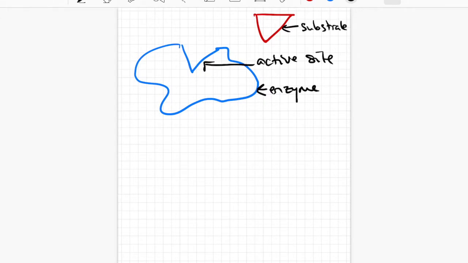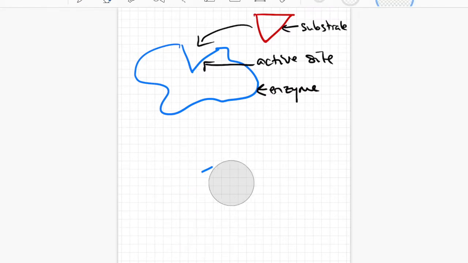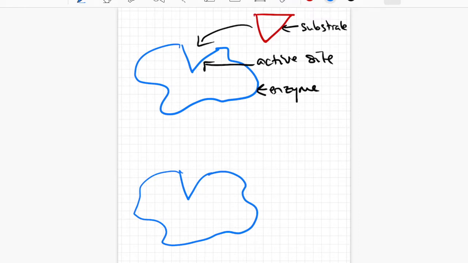And that substrate will fit into the active site. So if we draw our little blue blob again, it doesn't quite look the same. Ooh, that's horrible. Let's try again. We draw our little blue blob again. That's better. Our substrate will actually fit into that active site.